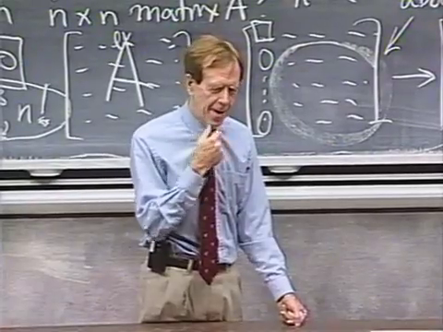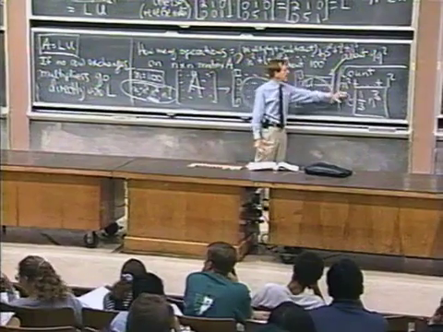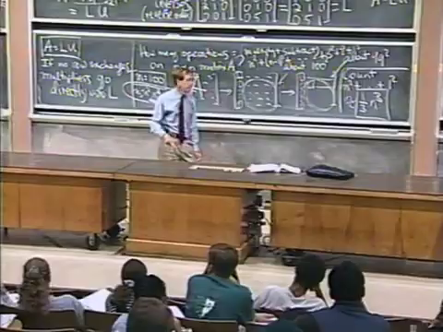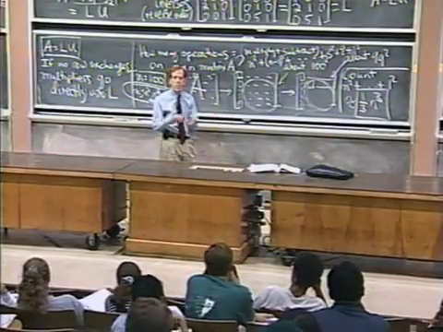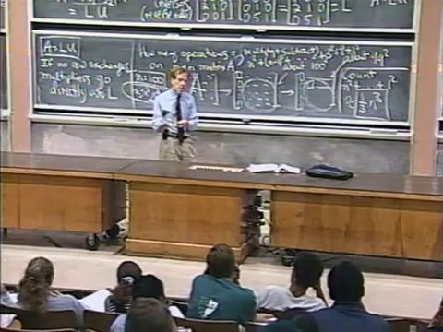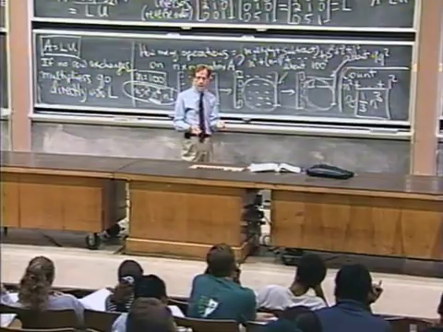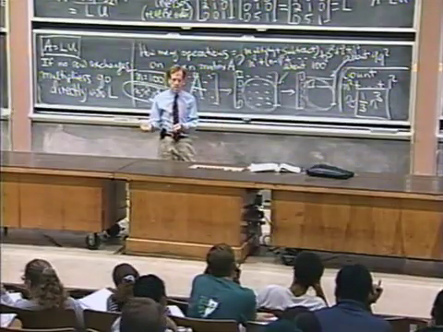Okay, so what's the calculus formula that looks like this? If we were in calculus, instead of summing stuff, we would integrate. So I would integrate x squared, and I would get 1/3 x cubed.